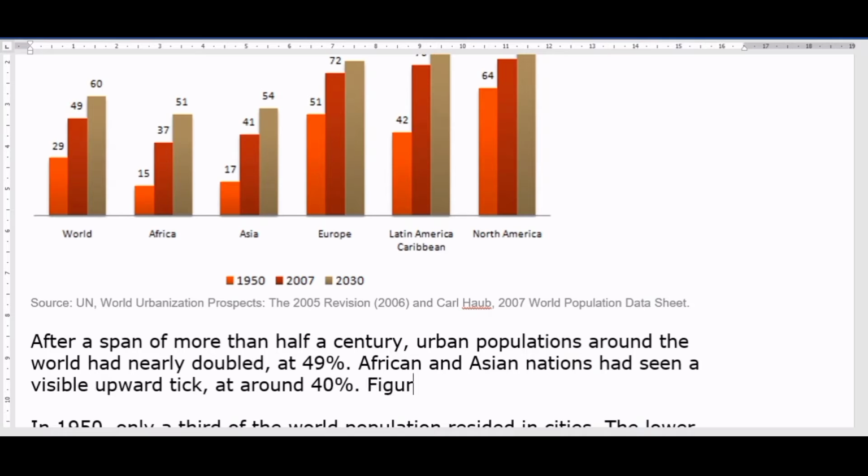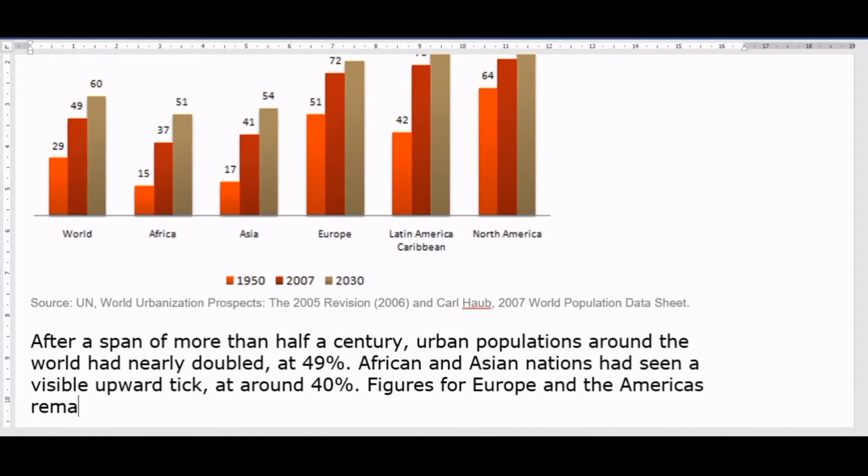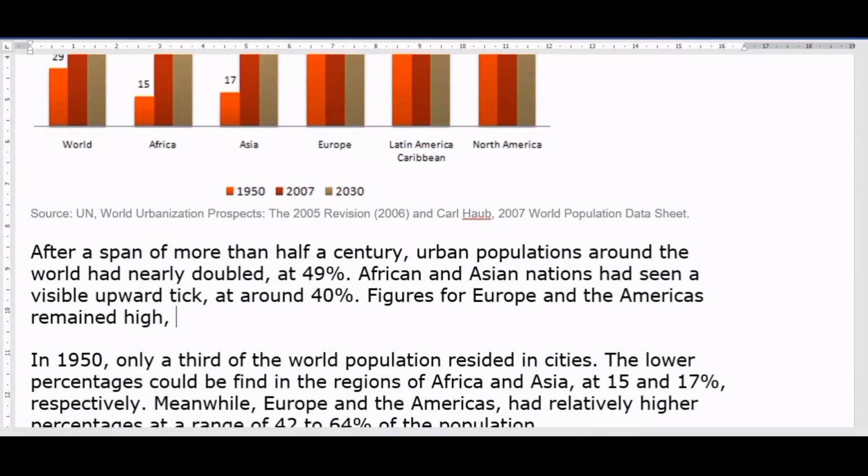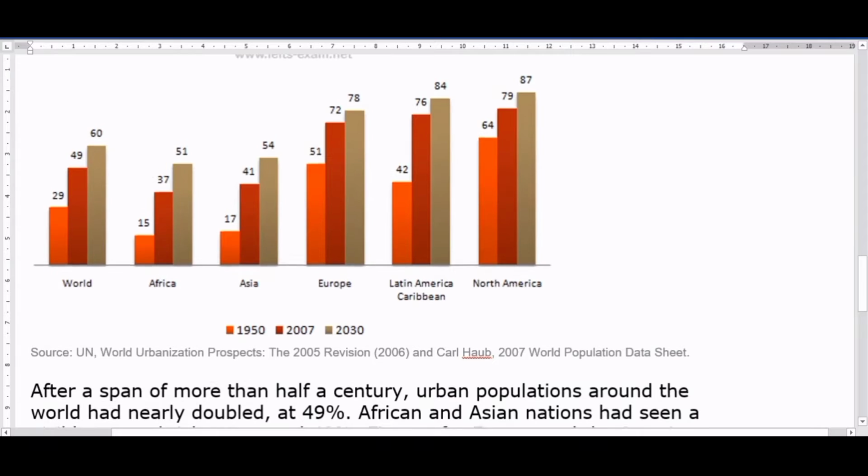And then figures for Europe and the Americas remained high at nearly 80%, and that's the end of it.